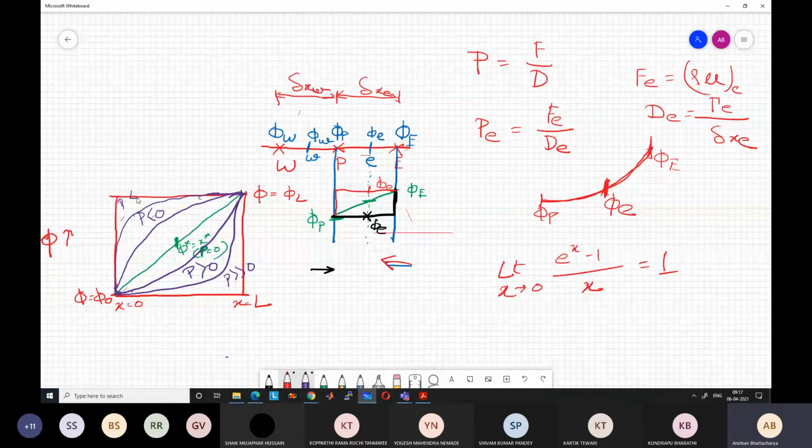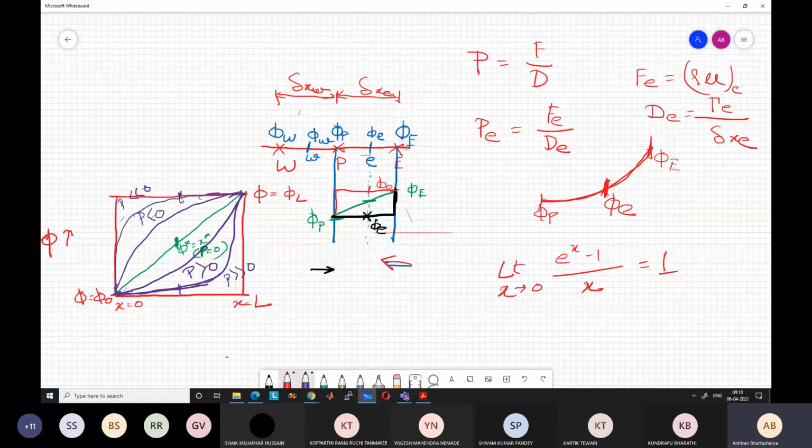What it means is that if Peclet number is very positive, a very large value, then along the entire length from x equal to 0 to x equal to L, the value is equal to phi 0 or very near to phi 0. If the Peclet number is very much negative, then almost the entire length, and particularly at the midpoint, the value is very near to phi L.